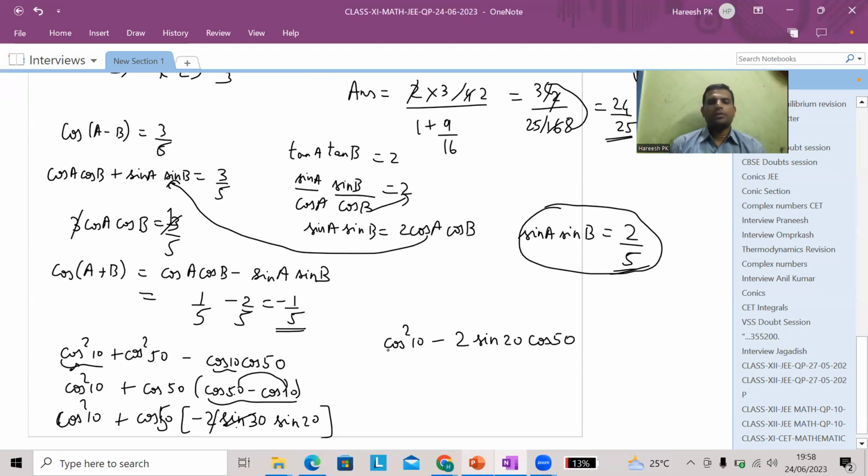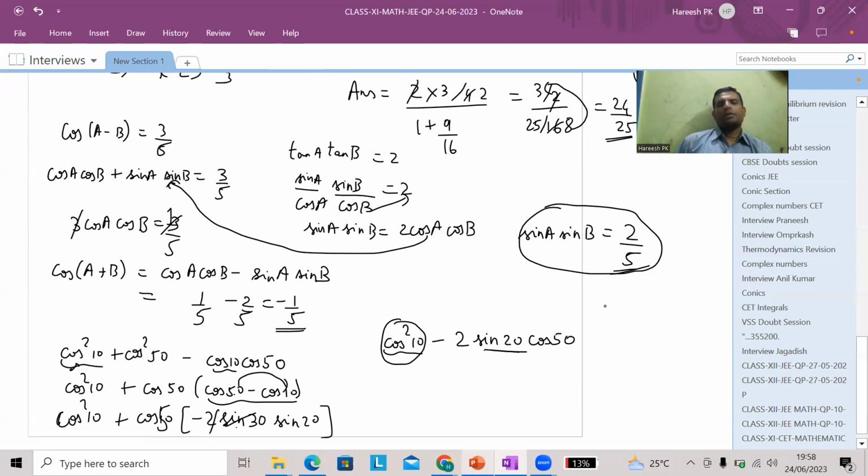Now cos square theta. I can further write sine 20 as 2 sine 10 cos 10. But will that help? It may not help.